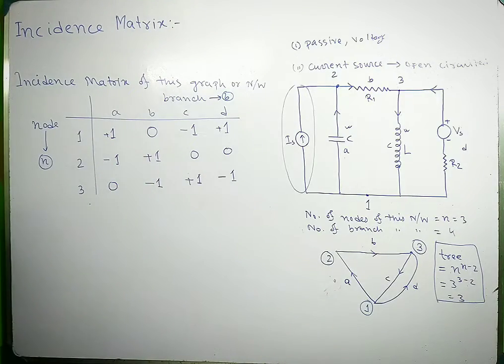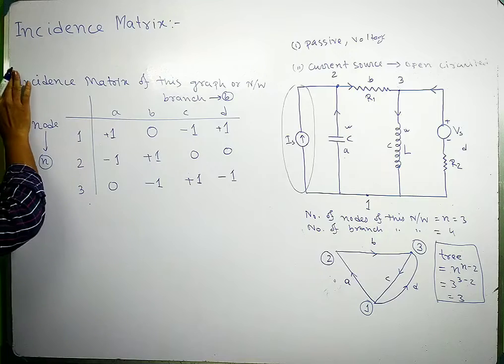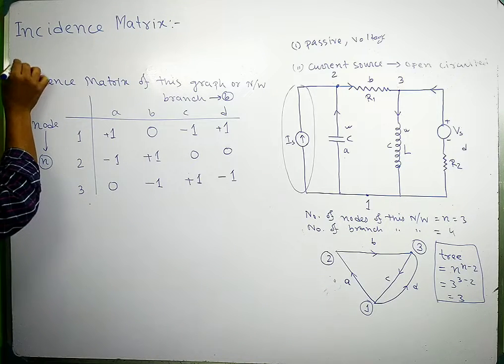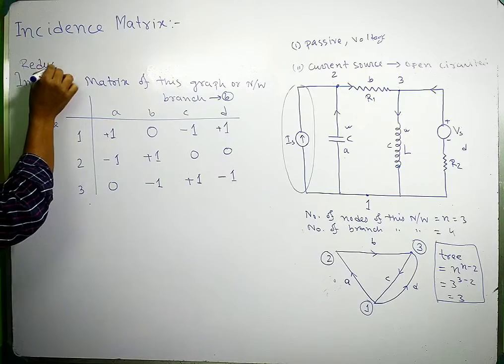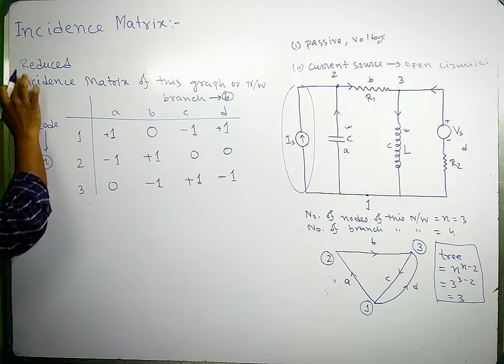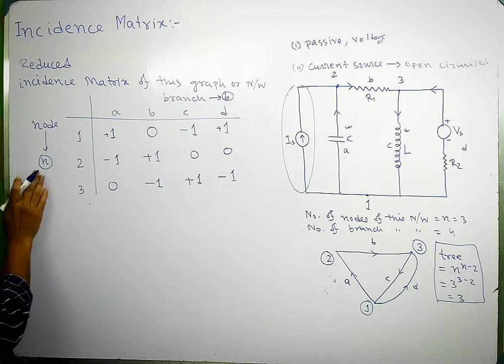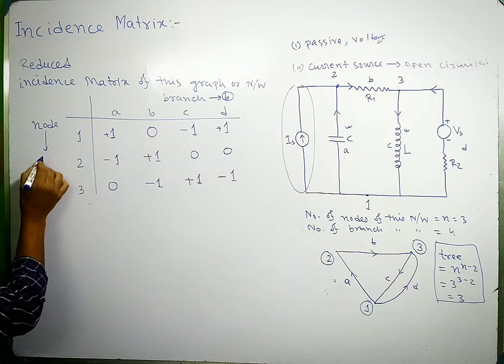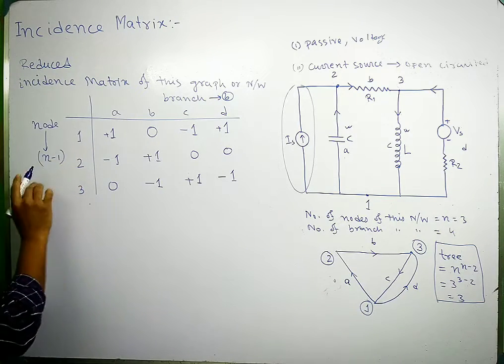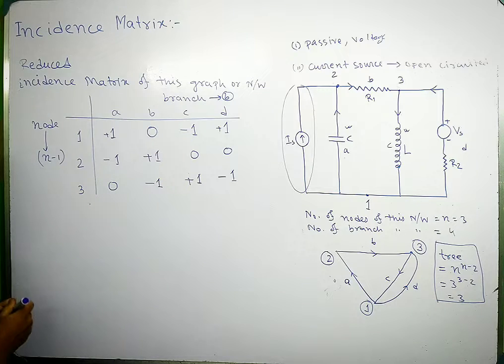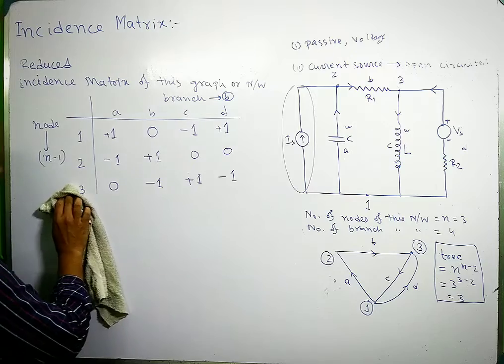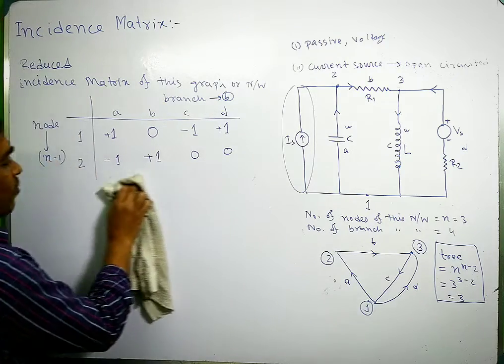The reduced incident matrix will be n minus 1 rows. The branches will be the same, but one row will be omitted.